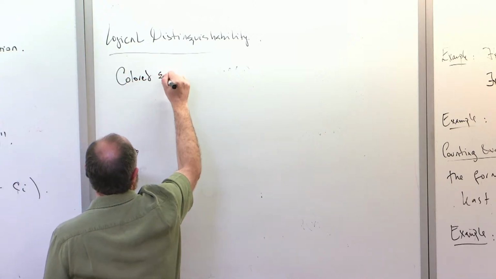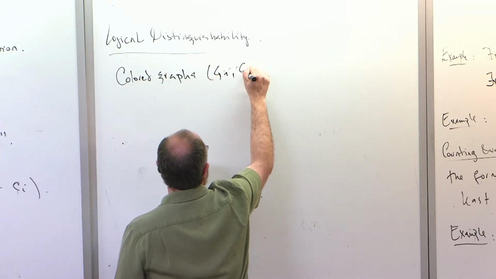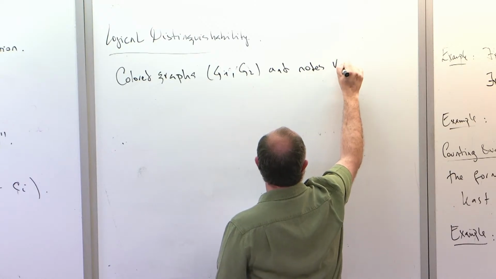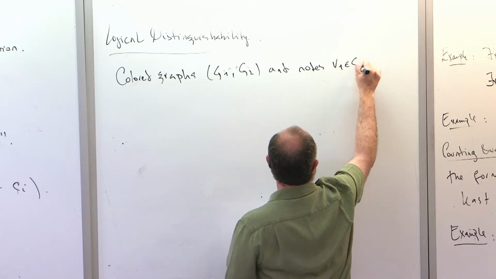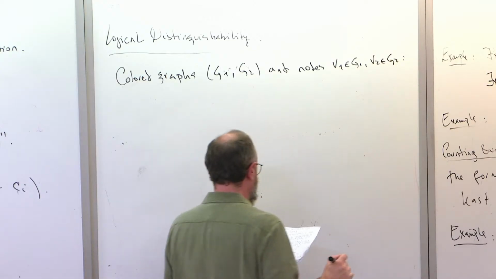So we have color graphs G1 and G2 and nodes B1 in G1 and B2 in G2. Yeah?